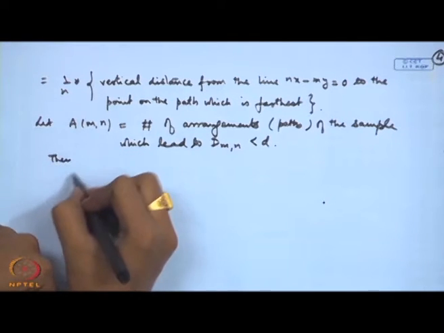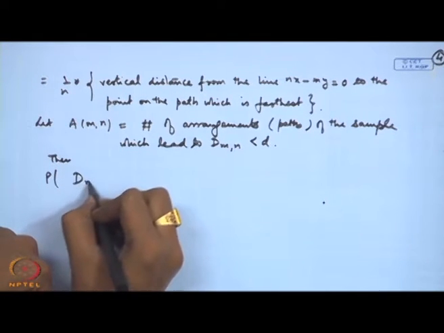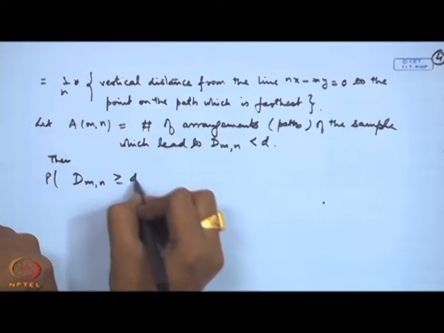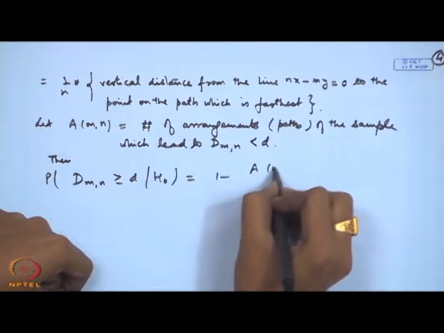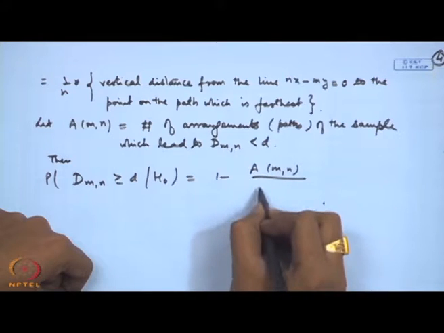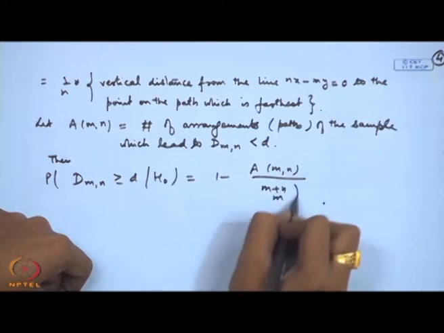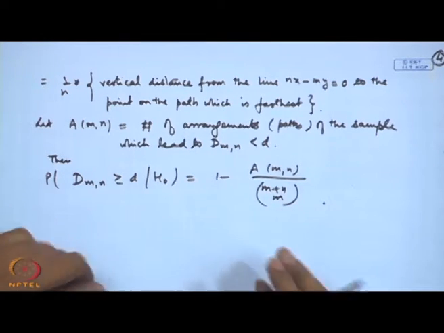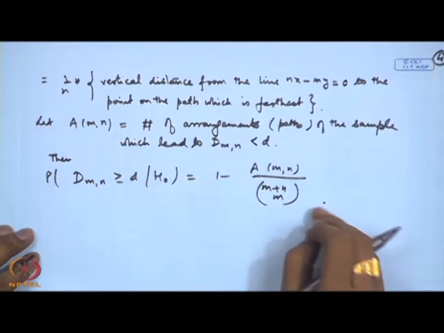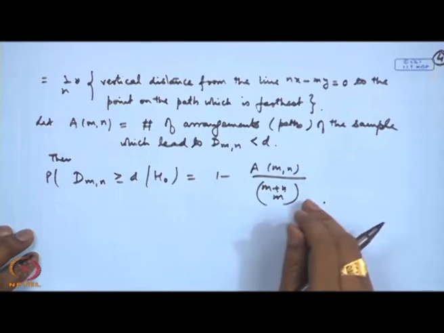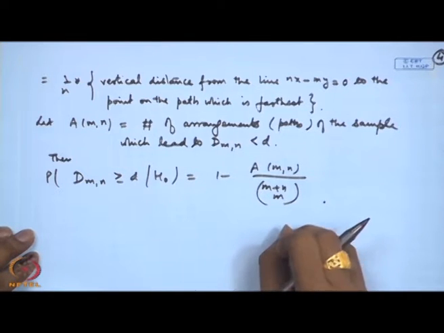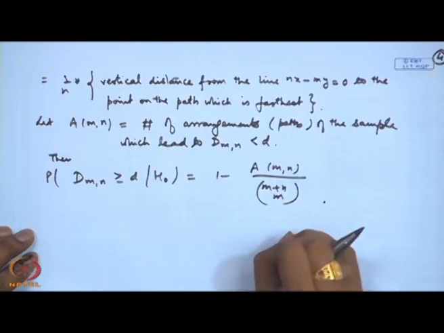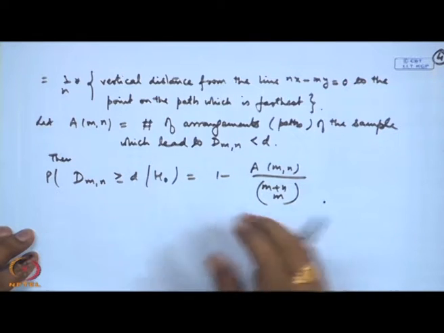Then you will have the probability of Dmn greater than or equal to d under H0 equal to 1 minus Amn divided by (m+n choose m), because (m+n choose m) will be all the paths. I mean, we can have the extreme cases when all the xi's are below all the yj's, or one in which they alternate, one x, one y, like that. It could be like that also.